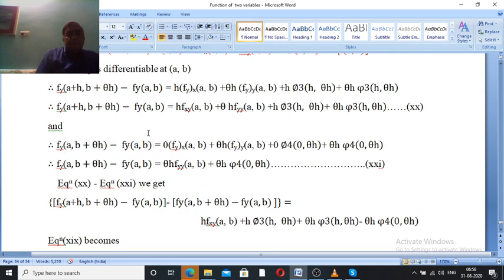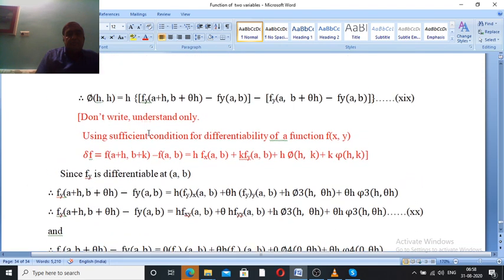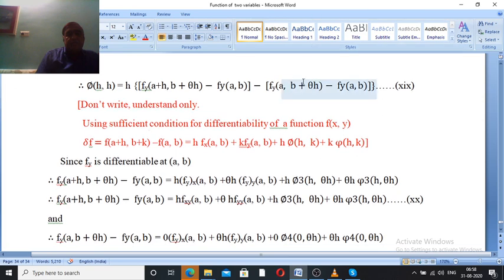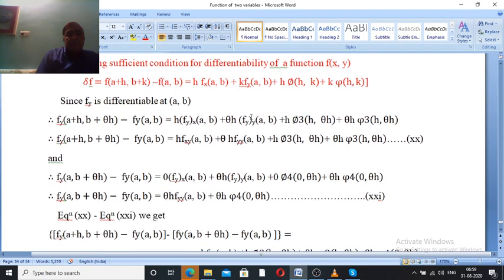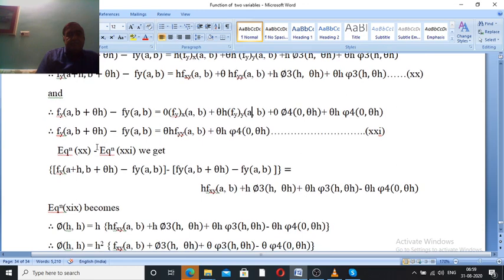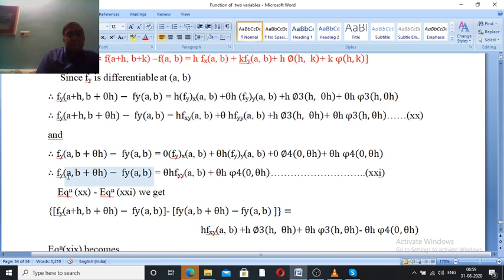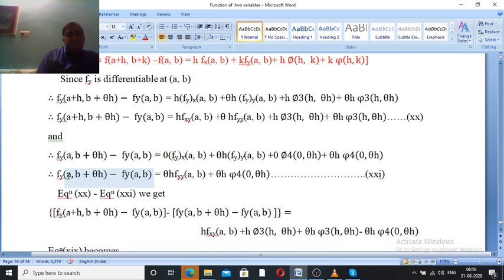From the second difference of equation 19, this is the second difference. fy is differentiable. fy of (a, b plus theta h) minus fy of (a, b).